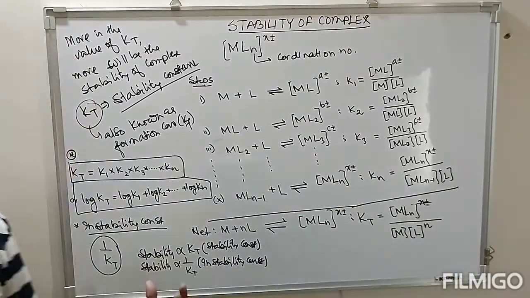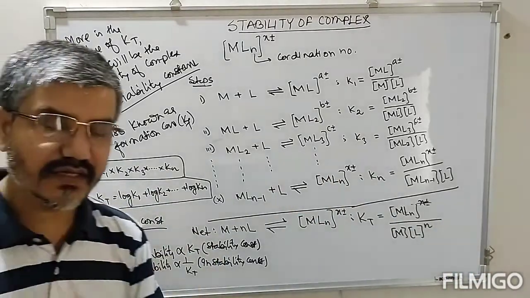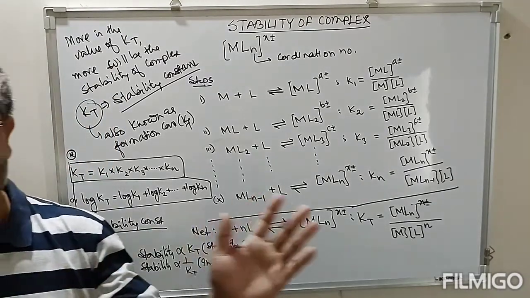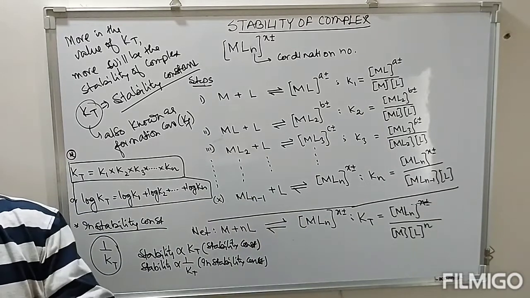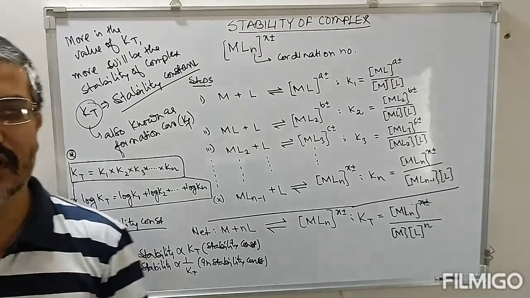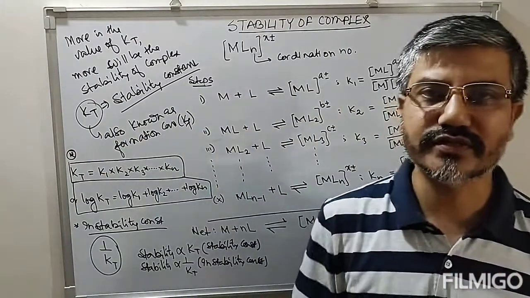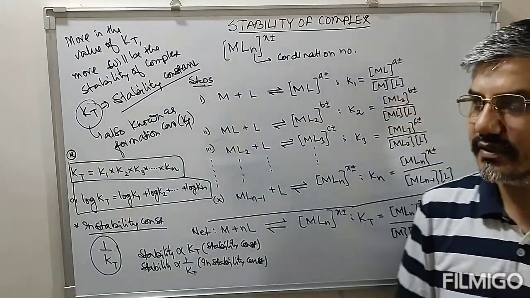For the same metal in the same oxidation state with different ligands, the complex with the strong field ligand will always be more stable than the complex with the weak field ligand.